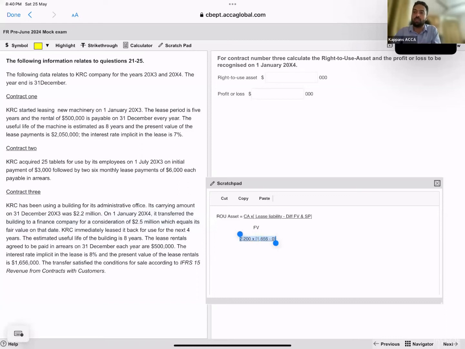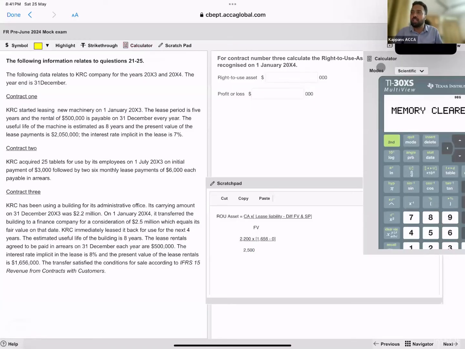And divided by fair value, the fair value is 2.5 million, in thousands, 2,500.